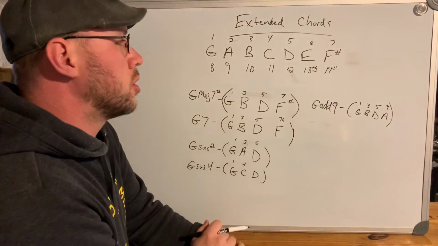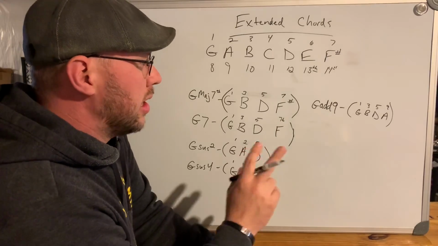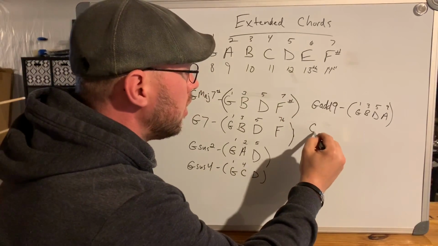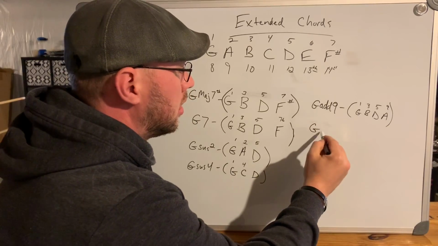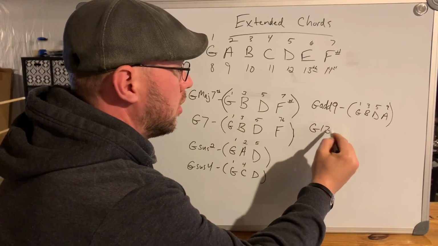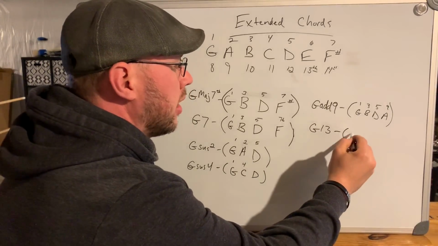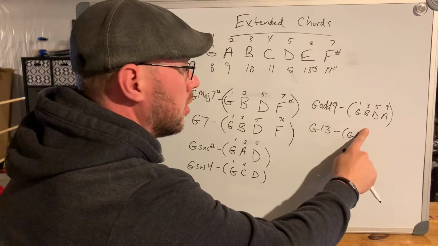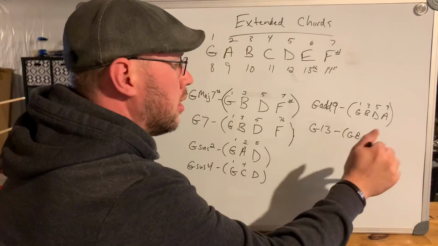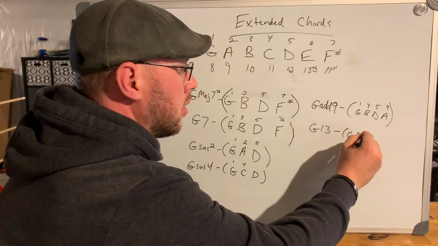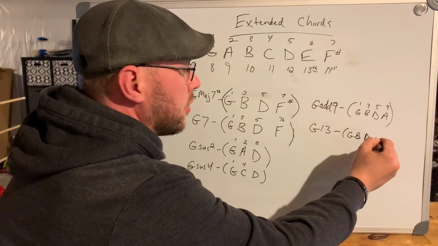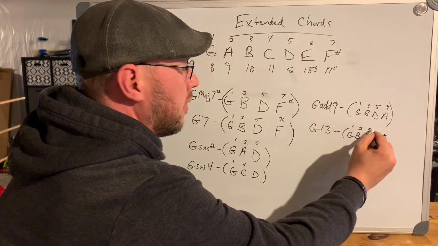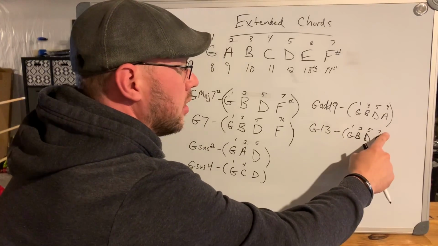Similar with the 11th. The 11th gets a little tricky. We'll get to that in just a second. Let's go with the 13th. So let's see, G 13. Basically, you're going to have your G, B, D, and a lot of times you'll have your 7th in there, an F sharp, so 3, 5, 7.